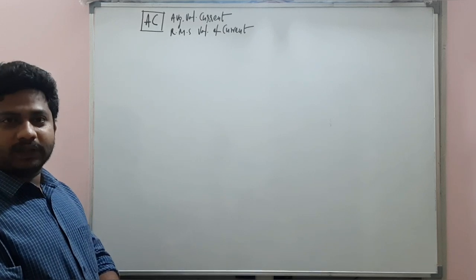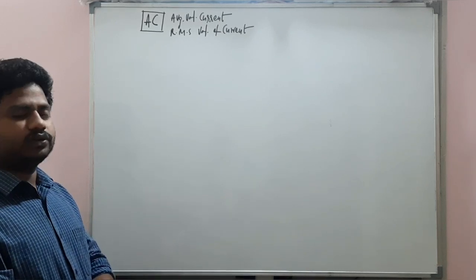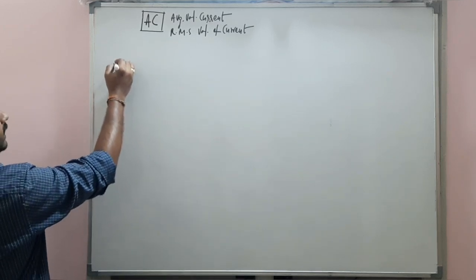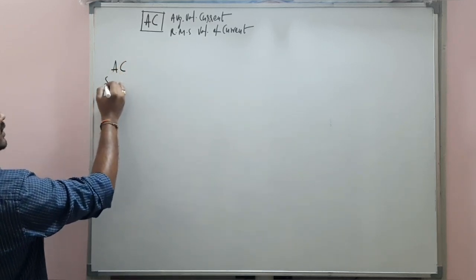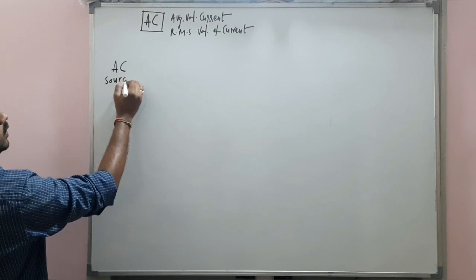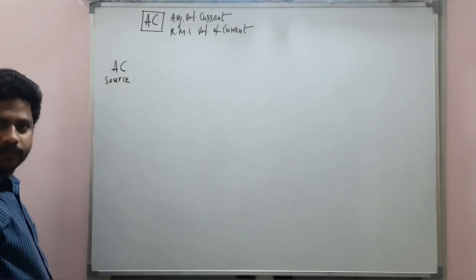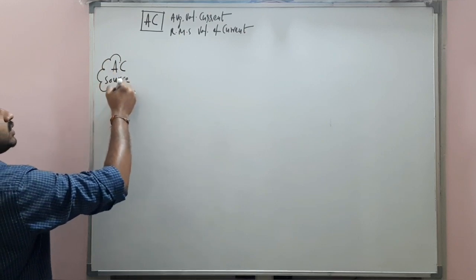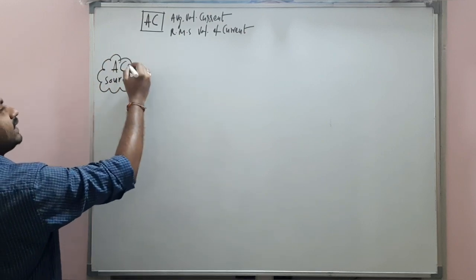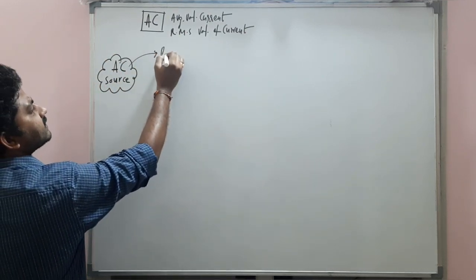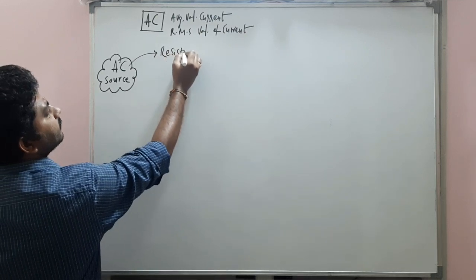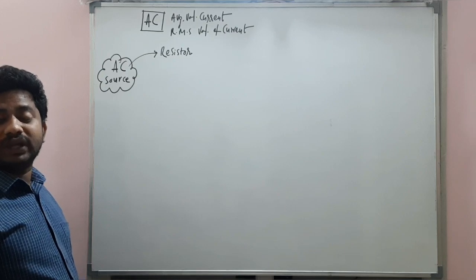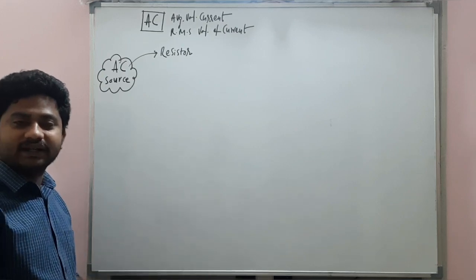Now the topic of interest is, listen to me carefully. There is an alternating current source. When this alternating current source is connected to a resistor, what happens to the instantaneous value of current and the EMF?